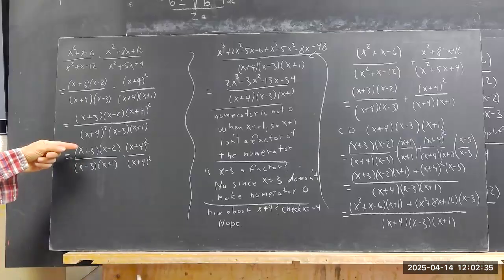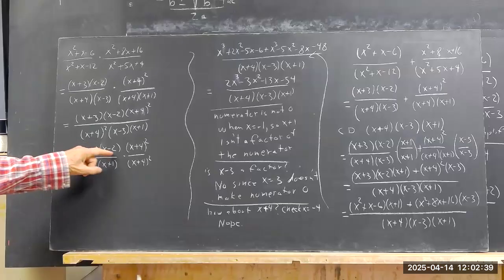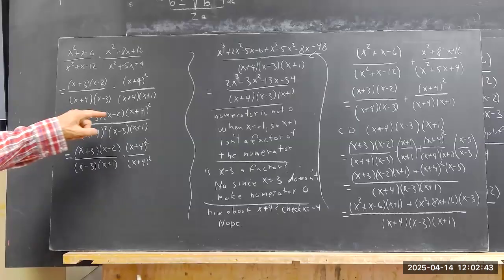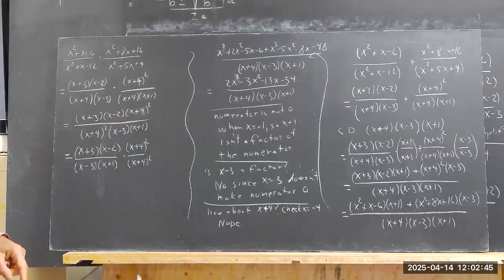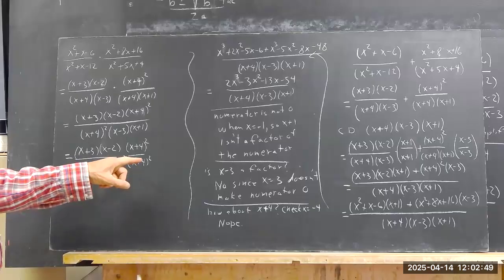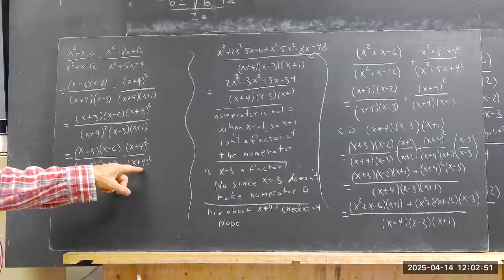We notice that when I multiply out the terms in the numerator, I get x plus 3 times x minus 2 times x plus 4 squared, which is exactly what I had in the previous step. In the denominator, I get x minus 3 times x plus 1 times x plus 4 squared.